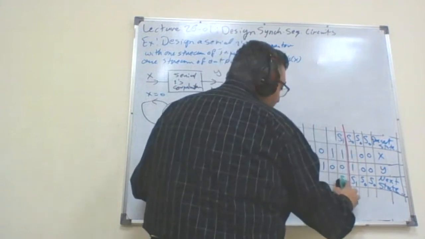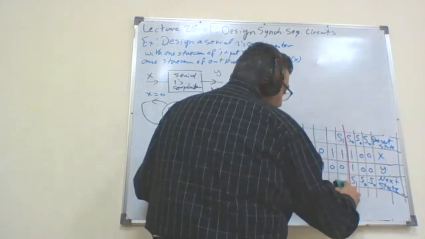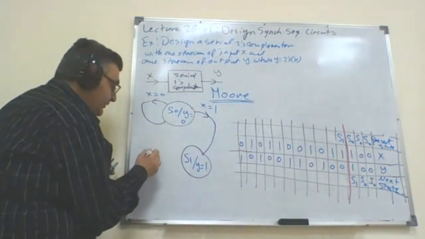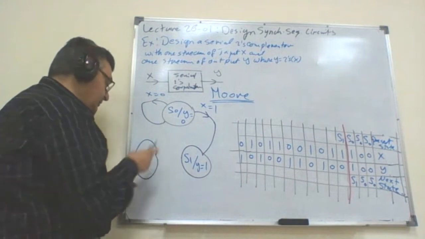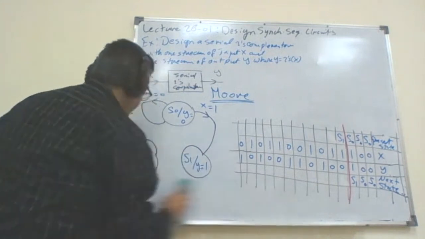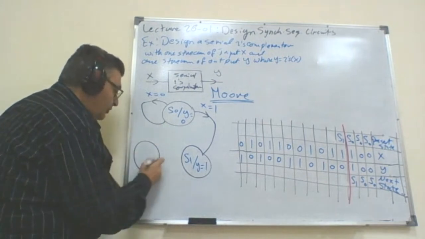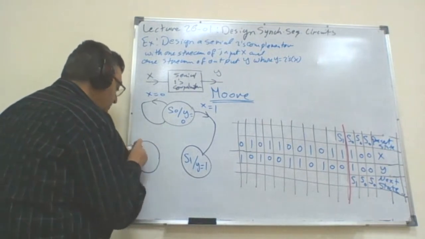So that means I am forced to create a new state. I will call it the state S2.